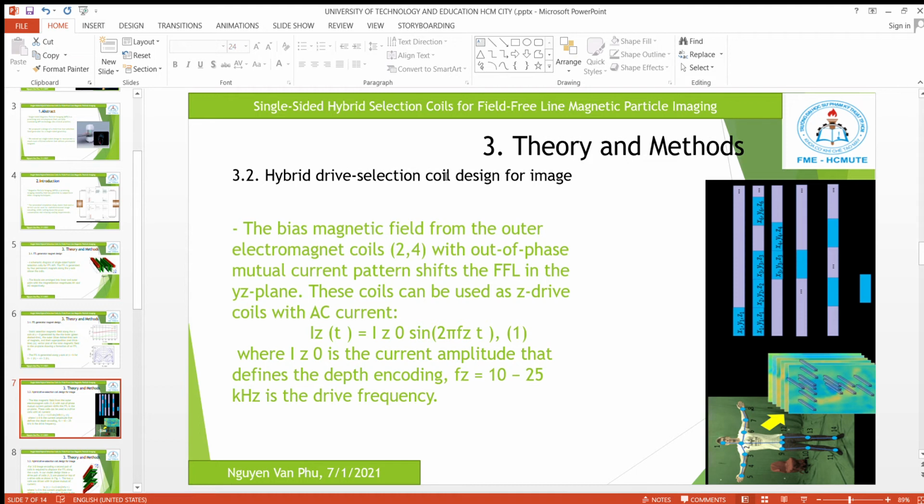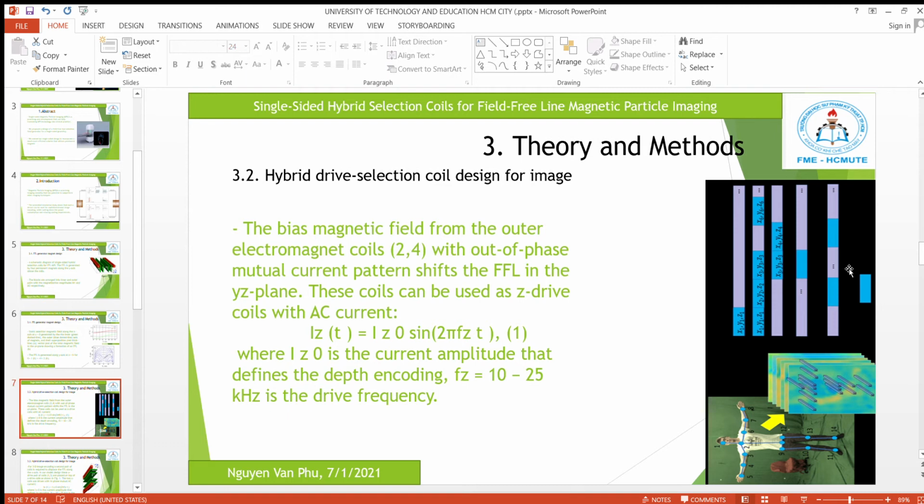Hybrid driver selection coil designed for imaging. The magnetic field from the outer electromagnetic coils is driven to and fro with out-of-phase currents. Mutual current patterns shift the FFL in the XYZ plane.